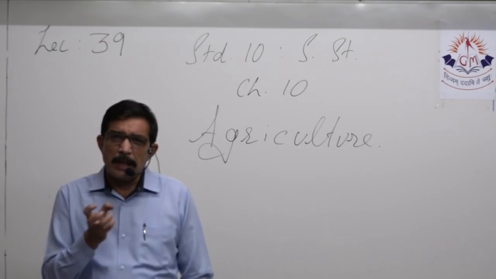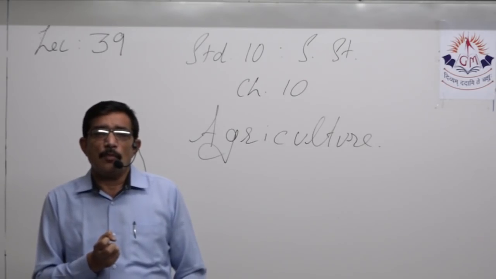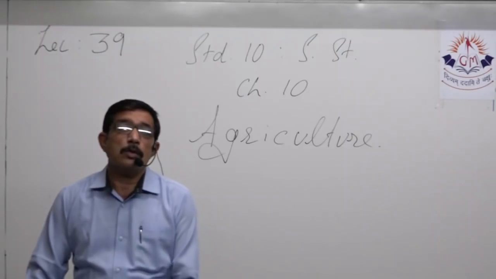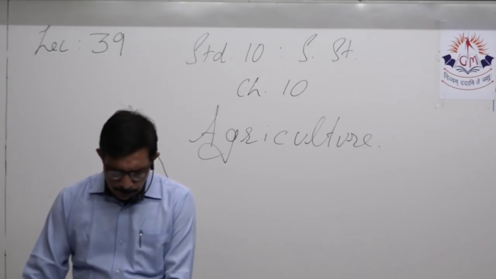So all these are hindrances, they are the drawbacks that do not allow us to get a good and proper per hectare yield.